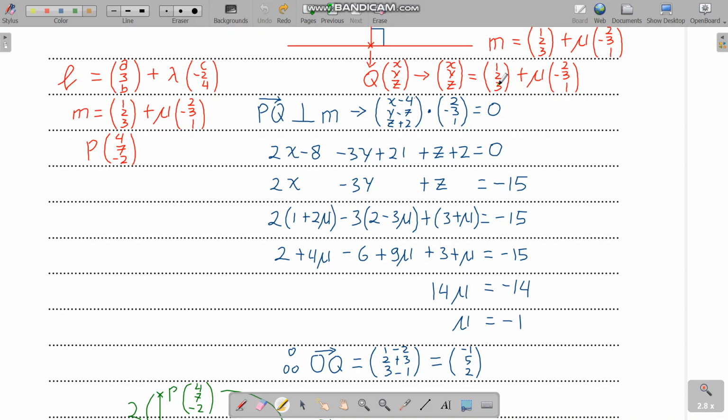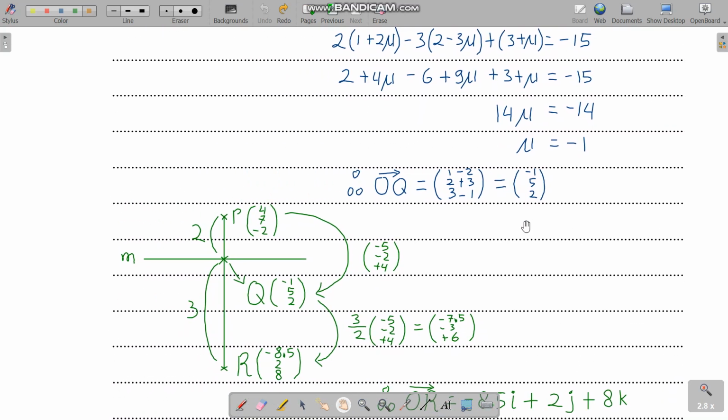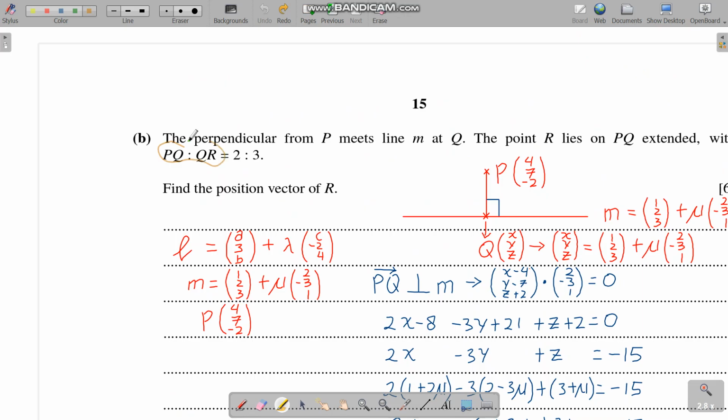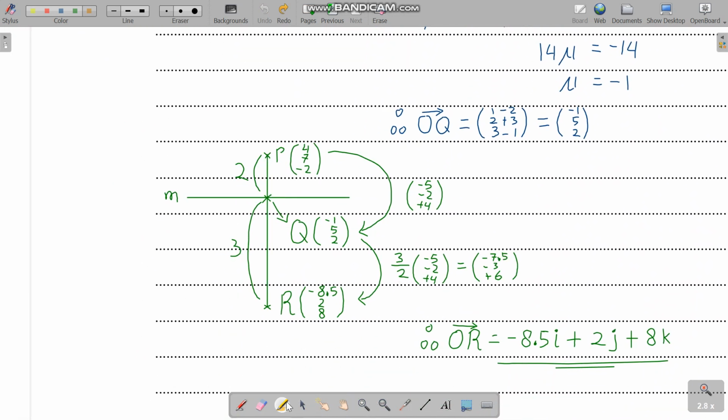So we have the position vector of Q, OQ, or the coordinates of Q. Now after we find the coordinates of Q, just draw another sketch to visualize things. We have the P, we have the Q, and we know that the ratio PQ to QR is 2 to 3, and the R is on PQ extended. So R is around here.